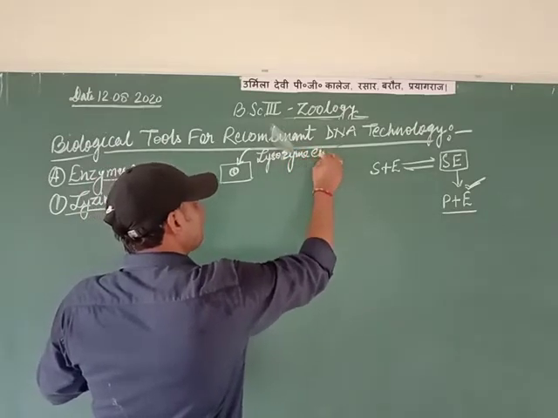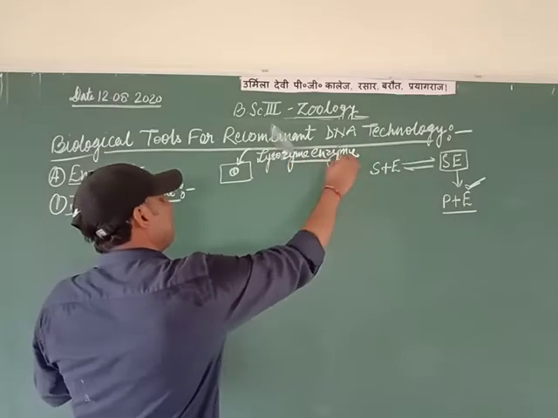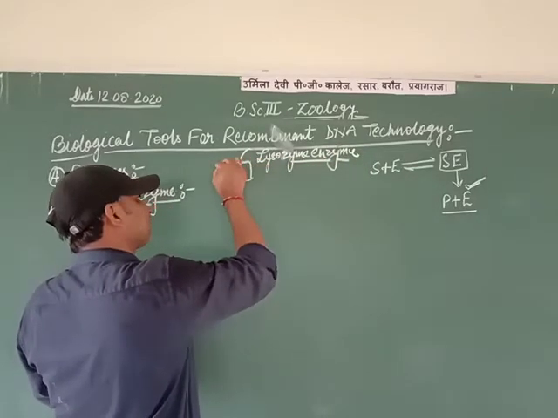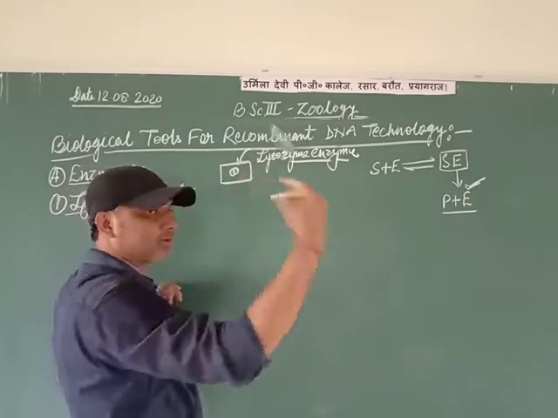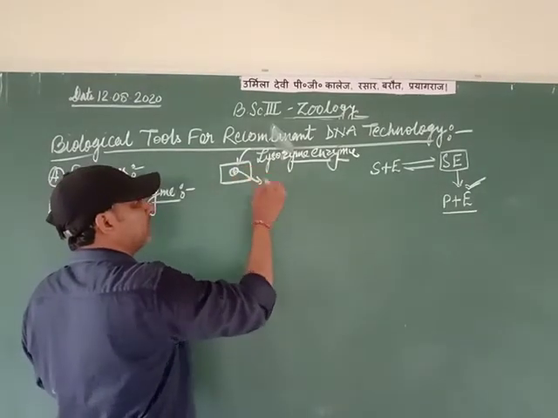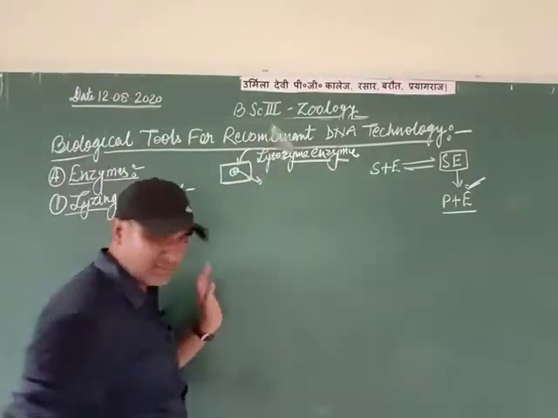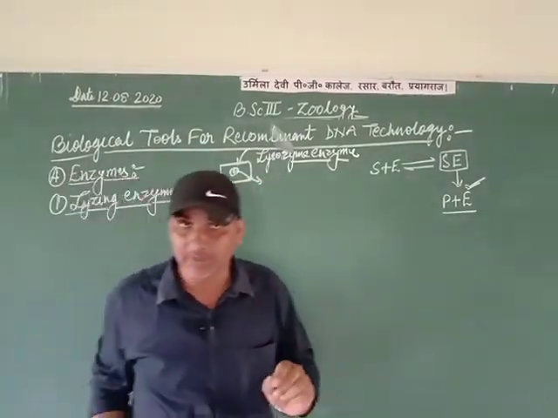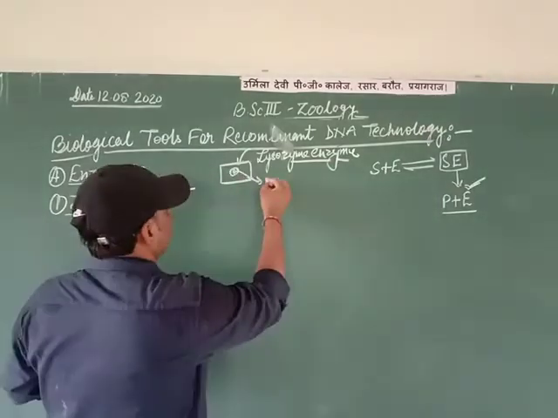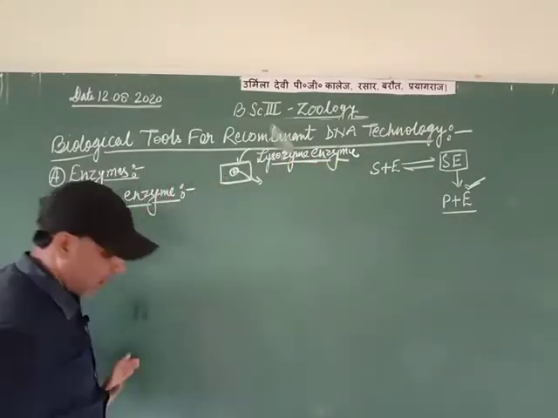This enzyme dissolves the cell wall of the plant cell or the plasma membrane of the animal cell, and the DNA is extracted from the cell. So this is the extraction of the DNA using lysozyme, so the lysing enzyme is always used.